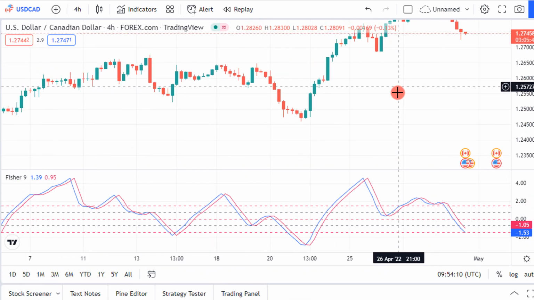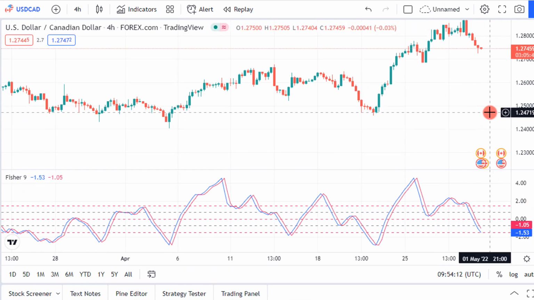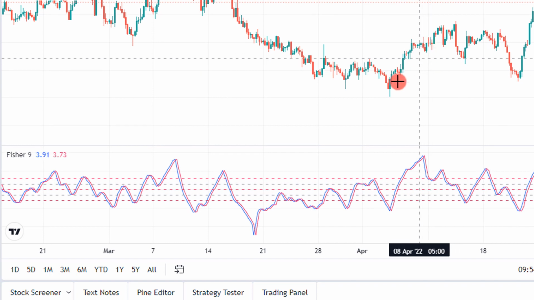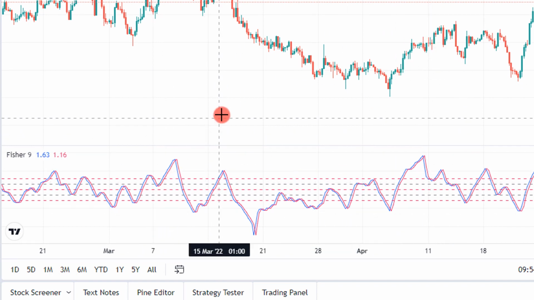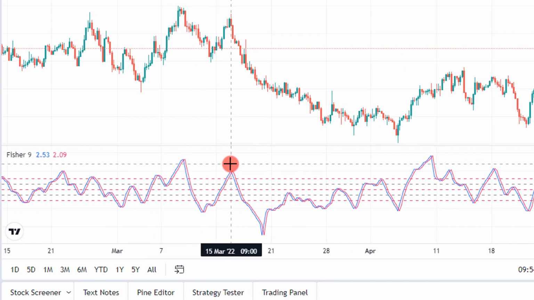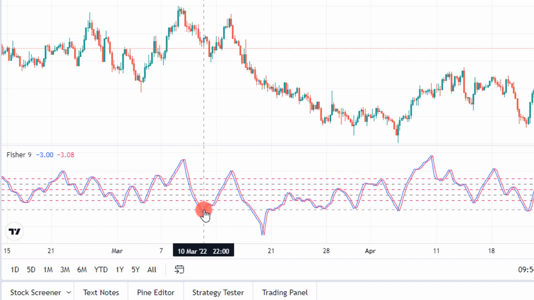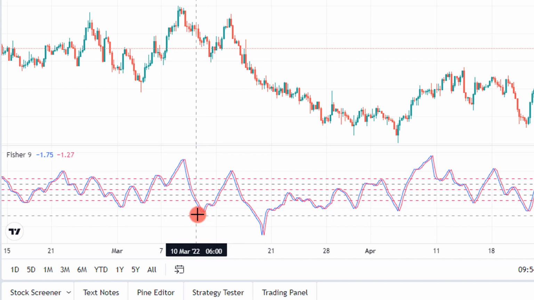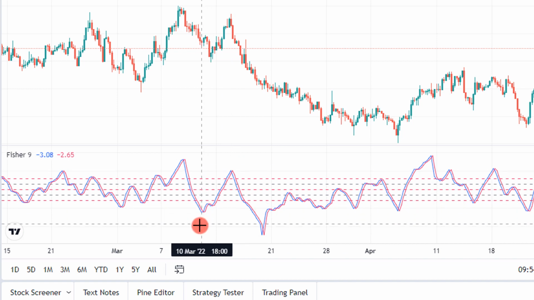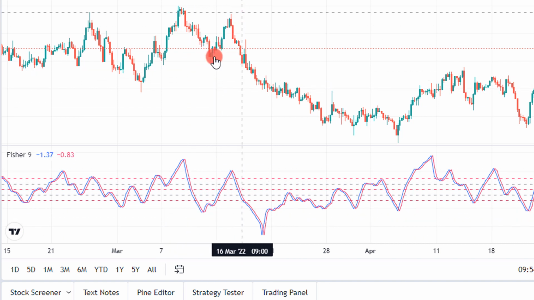Let's see how to do the analysis. If we look at the indicator, you can see that the Fisher and trigger lines are going up and down, and sometimes crossing each other. However, when these two lines are completely down, the market is in an oversold position, meaning the market could go up at any moment. So you will wait for that moment.